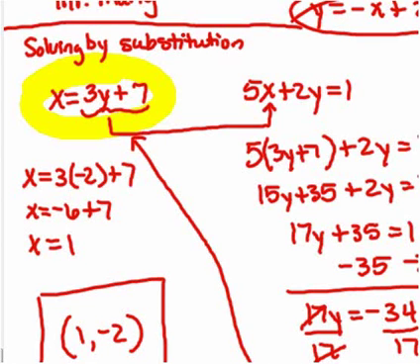Subtract 3 from both sides. And then divide by the coefficient of x. X equals positive 1.